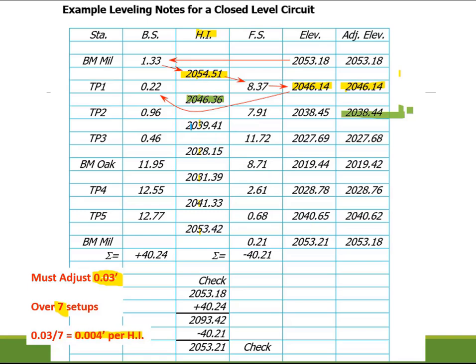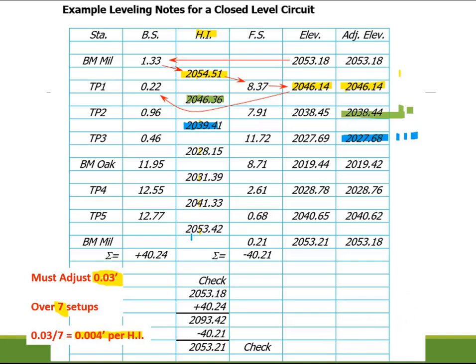We can go again to the next HI, subtract that error once, twice, 3 times. So that would be subtracting 0.012 away from the observed elevation, gives me the adjusted elevation.